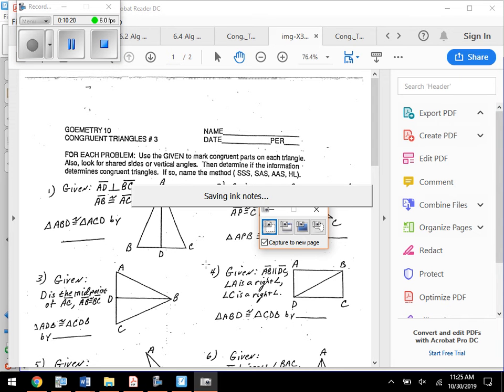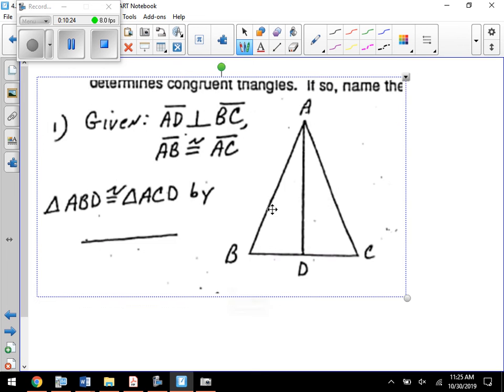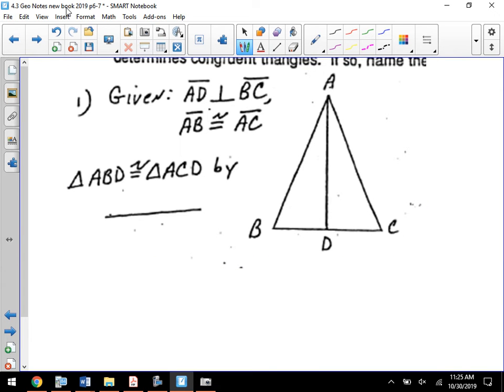On the information for number 1, you'll notice there is a given statement, and it tells you a proof statement by the triangles, and it says by blank.